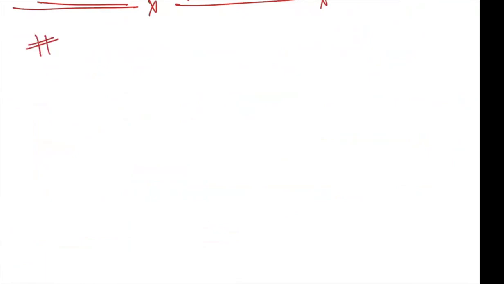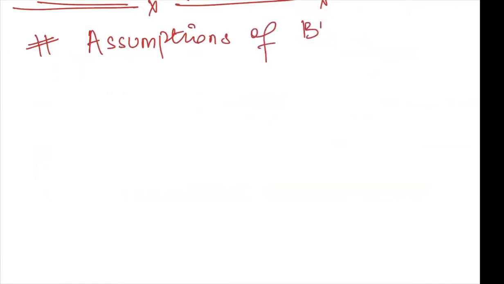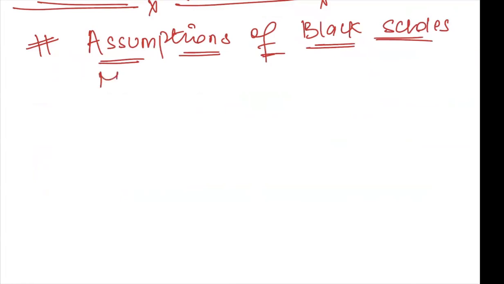So let's see the assumptions of the Black-Scholes model. Let me walk you through the assumptions. Whenever we are doing the modeling piece, the model takes into consideration certain assumptions.